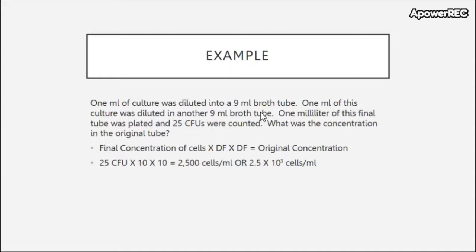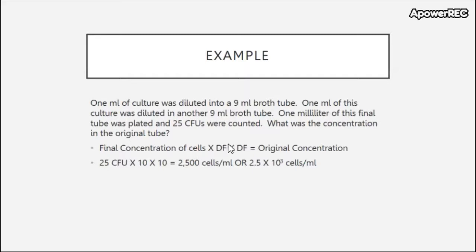You plate 1 milliliter of this final tube and you grow it up and you count 25 colony forming units. So then the question is, what was the concentration in your original tube? So this is pretty easy. We're going to use our formula. We're going to take our final concentration of cells and we're going to multiply it by our dilution factors.